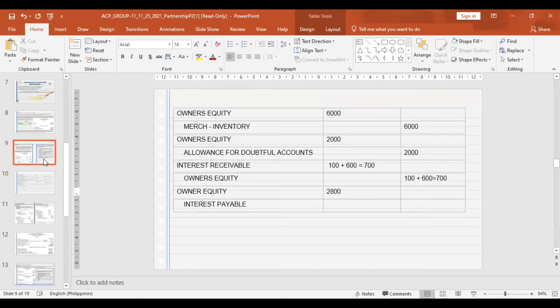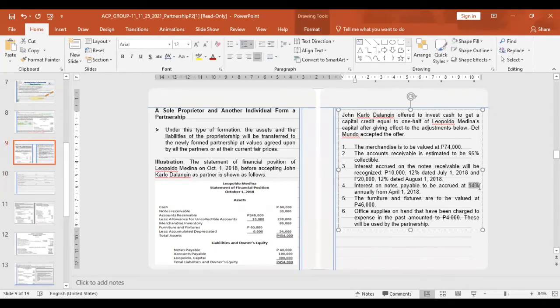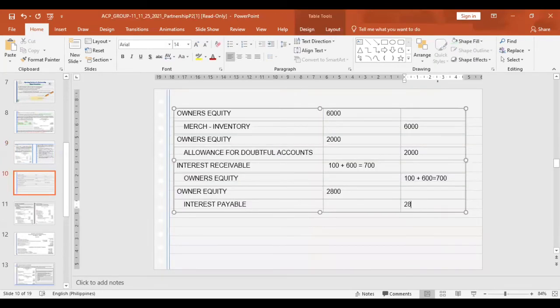Ano lang yan? 40,000 times 14%. Then, bilangin mo yung ilang buwan from April 1 to October 1. Times mo yun. And then, divide mo siya ng 12. Kasi yung 14% is annual interest yan. So, di ba isang year is 12 months. So, i-divide mo siya ng 12. So, 2.8. Naman 2.8 din.